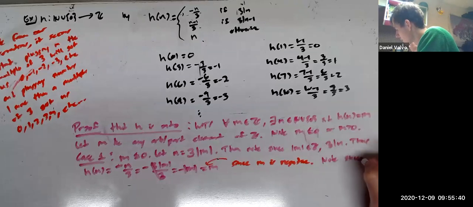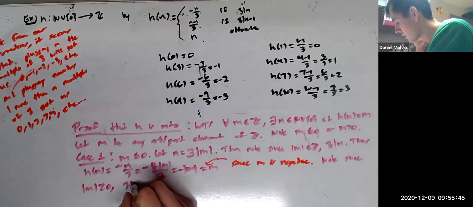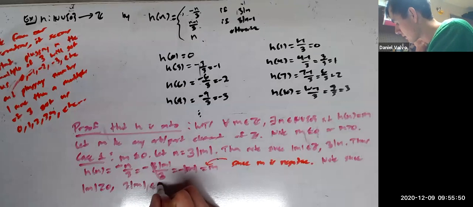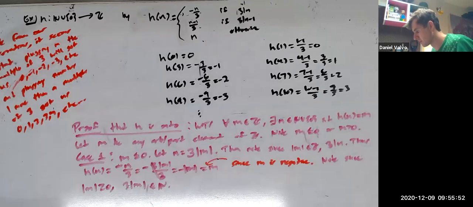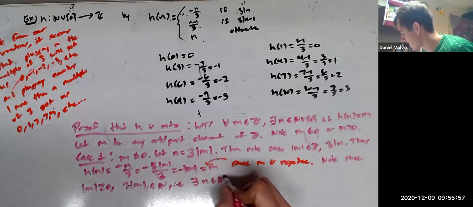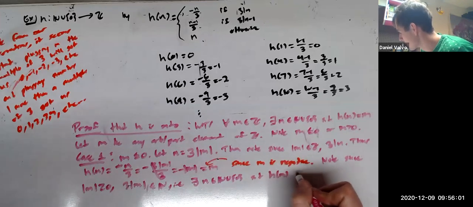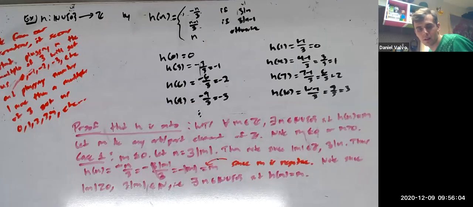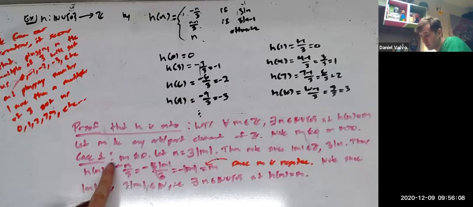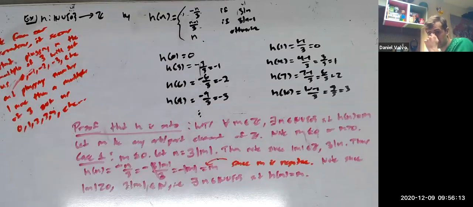Note, since the absolute value of anything is greater than or equal to 0, 3 times the absolute value of m is in the natural numbers union 0, i.e., there exists an n in the natural numbers union 0 such that h of n equals m. So if m is less than or equal to 0, we can use the multiples of 3 to get us exactly what we want.